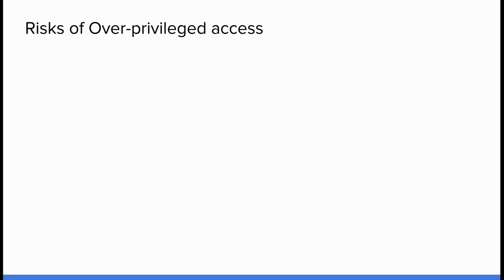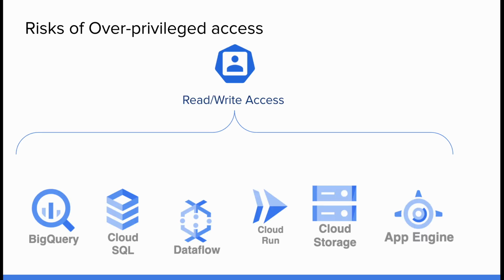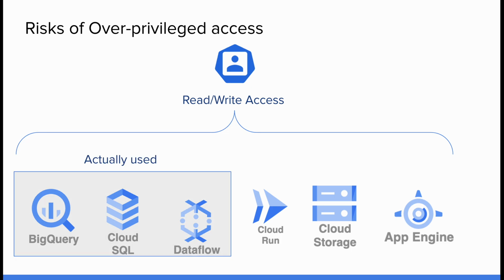Additionally, an attacker who successfully hacks a low-level user account could exploit unnecessary permissions to cause more damage than they otherwise would have been able to. Consider an example where a user is given read-write access to BigQuery, Cloud SQL, Dataflow, Cloud Run, Cloud Storage, and App Engine. But they actually only use BigQuery, Cloud SQL, and Dataflow.